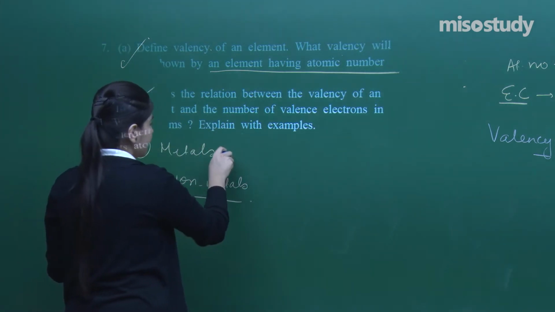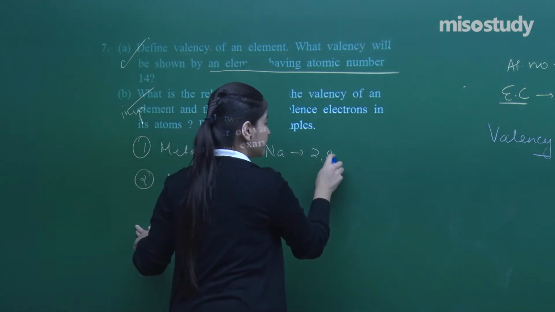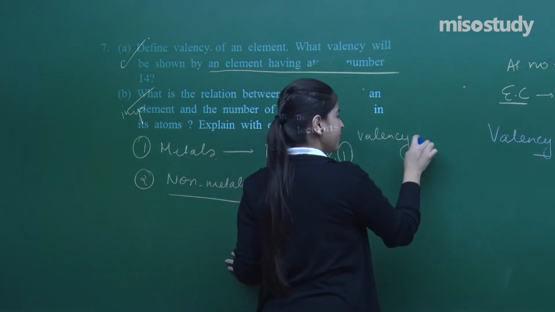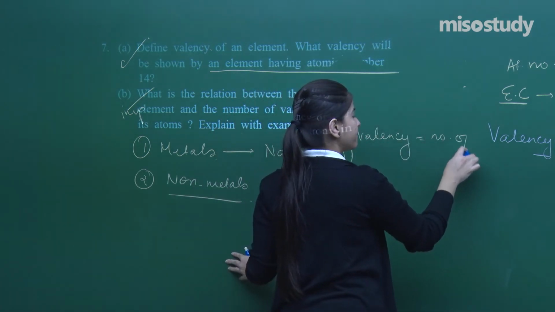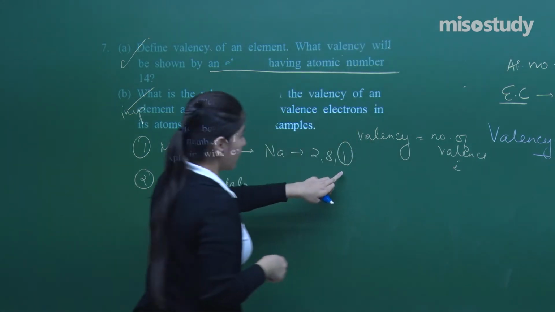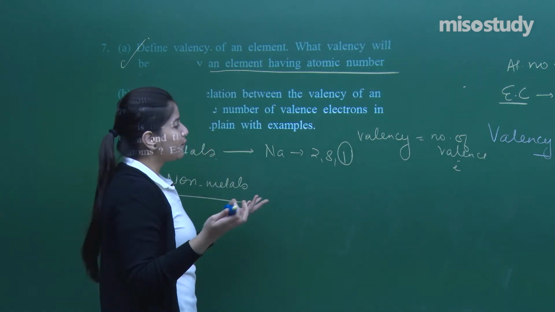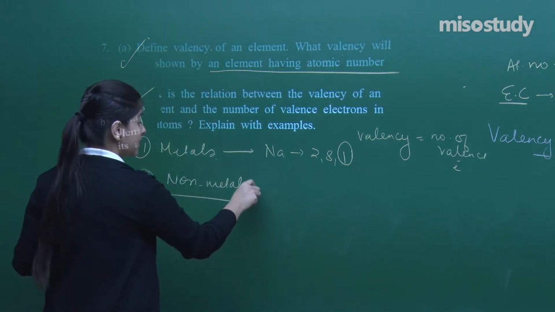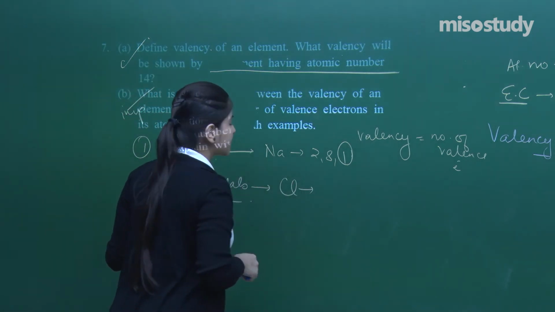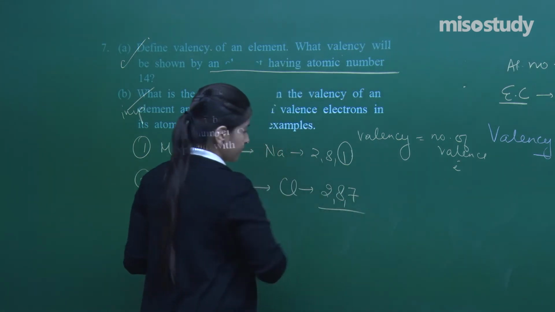Fine. Now in the case of metals, let's take up an example of sodium, 2, 8, 1. So the valency is equal to the number of valence electrons. Yes, you can see here valency is 1 because it will lose 1 electron, and that is what the number of valence electrons is. But in the case of non-metals, this is not the criteria. See here, if I take an example of chlorine, 2, 8, 7.